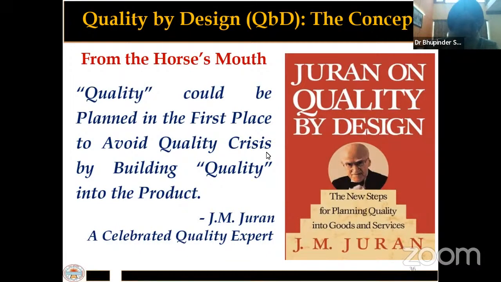That's what he explained: by building quality into the product. So JM Juran, an American scientist, flew to Japan because he was not paid any heed by the US, and he led so many pharma companies and other companies, even automobile companies in Japan, to train them on QBD.